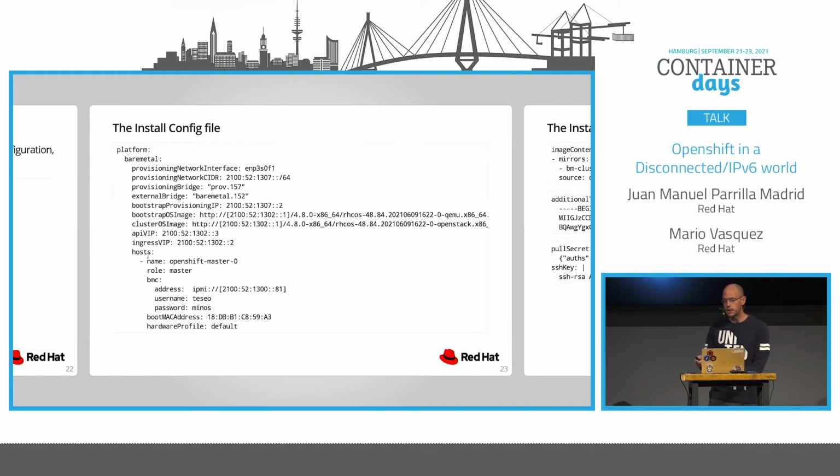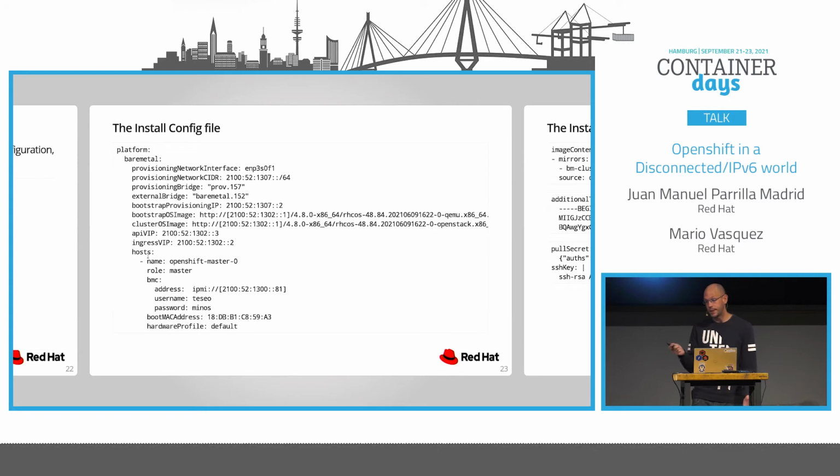But basically, we are configuring here the name of the interface that will be used for the provisioning network on the helper node. Then the machine network that will be used for our provisioning network, and then the bridge name. Then let's go with the external bridge, which is, let's say, the management network.